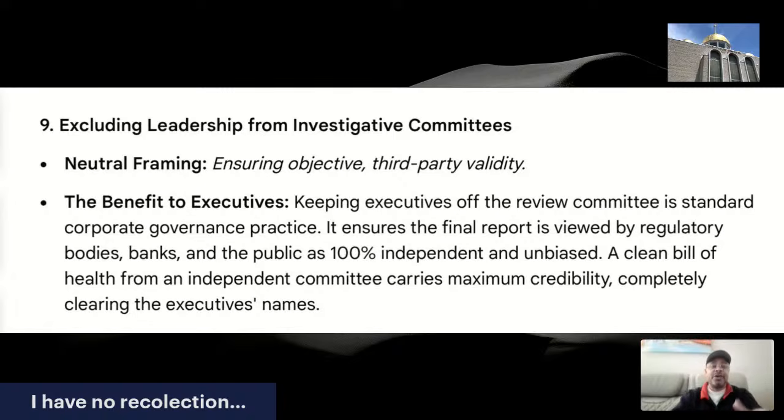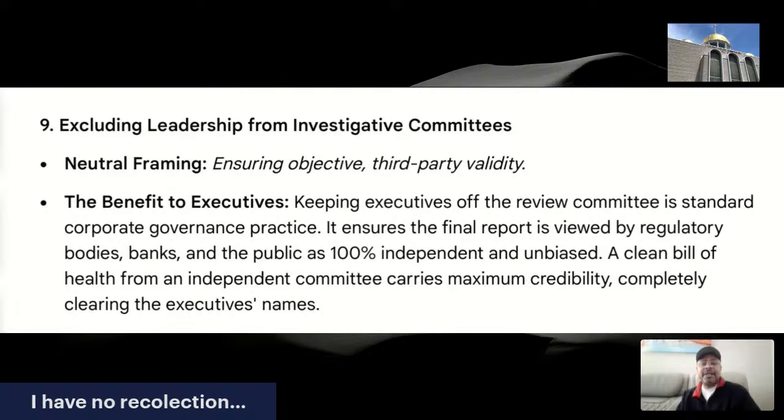keeping executives off the review committee is standard corporate governance practice. It ensures the final report is viewed by regulatory bodies, banks, and the public as 100% independent and unbiased. It shows that you're doing what's necessary and you're not trying to be biased. You're not trying to create any type of leverage. You're just making sure that you have a meeting and get the business conducted like you're supposed to.